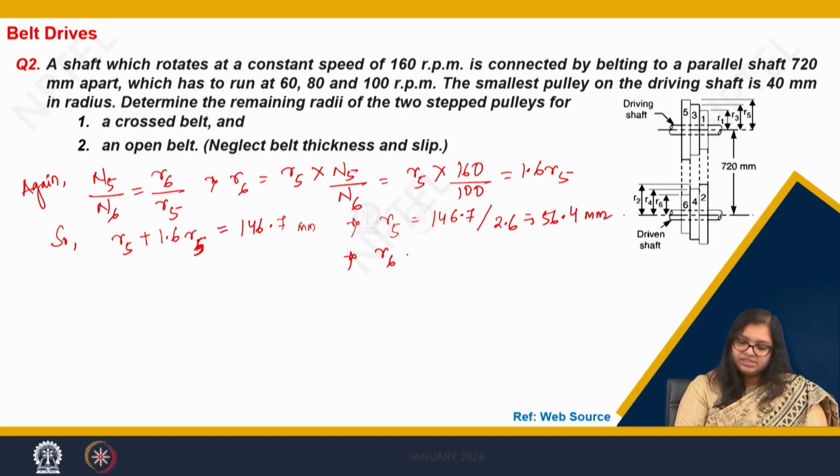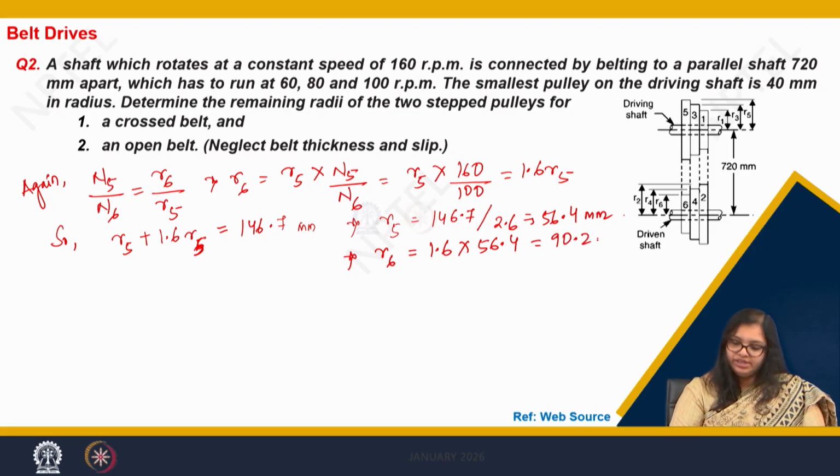Now my R6 will be equal to 1.6 times 56.4, which is equal to 90.2 mm. So this way we could find the relation of all the radii in a cross belt drive.